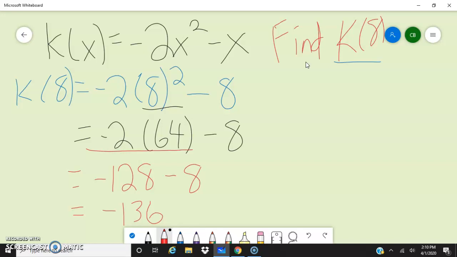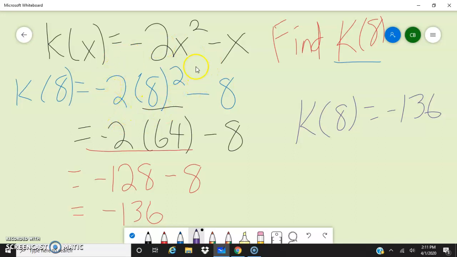So the final answer for this one is k of 8 equals negative 136.